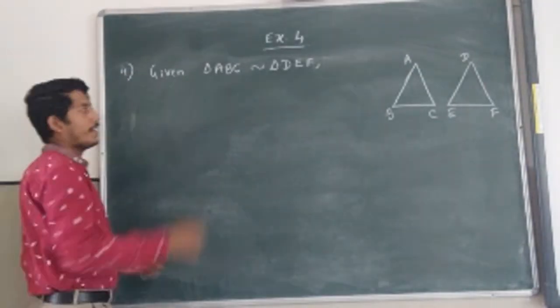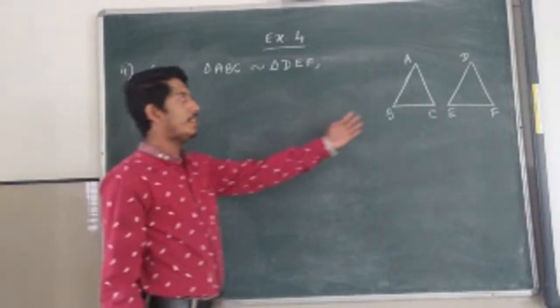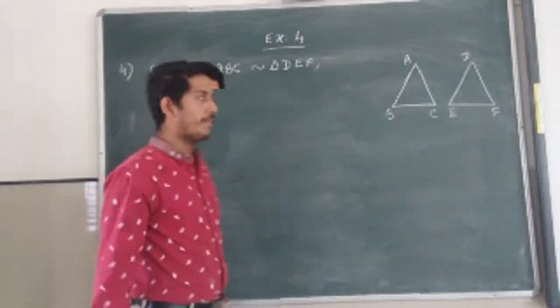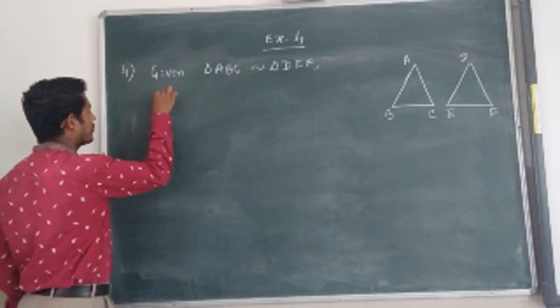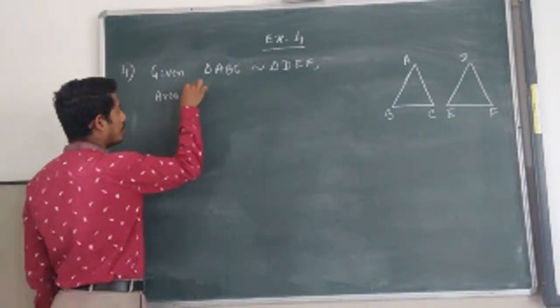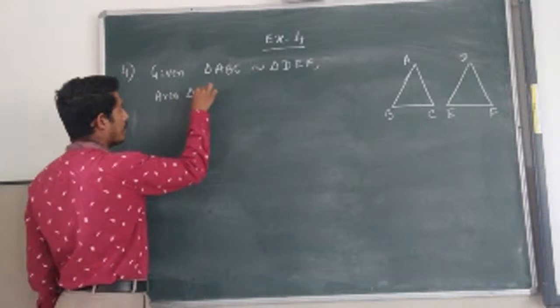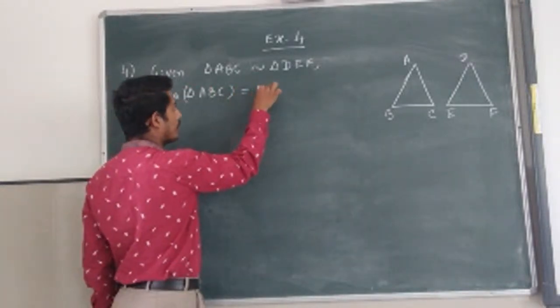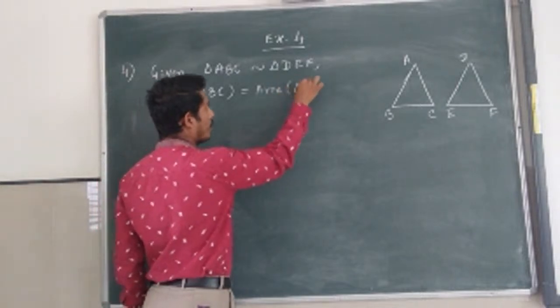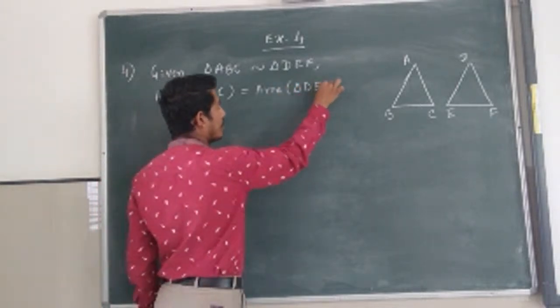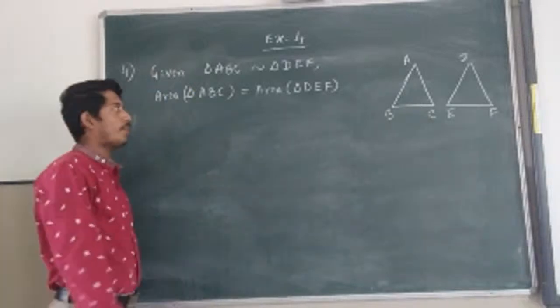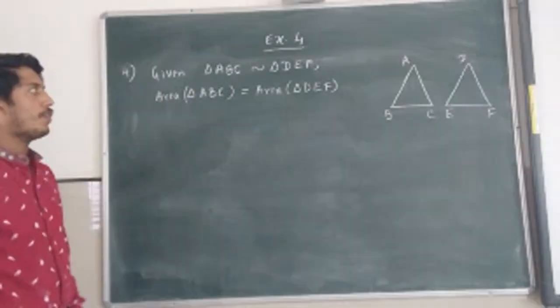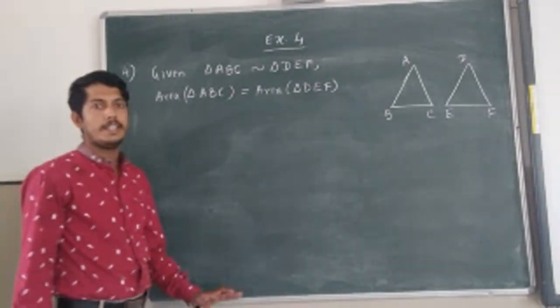That's why area of triangle ABC equals area of triangle DEF.